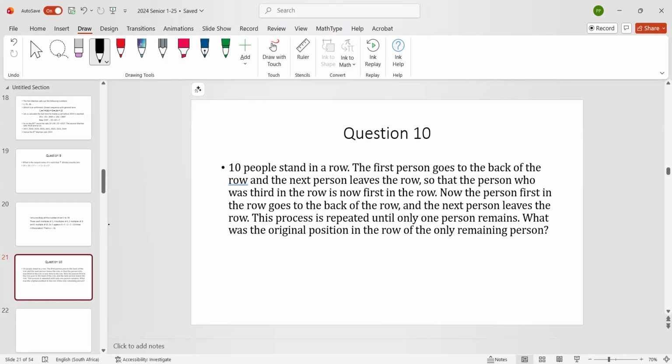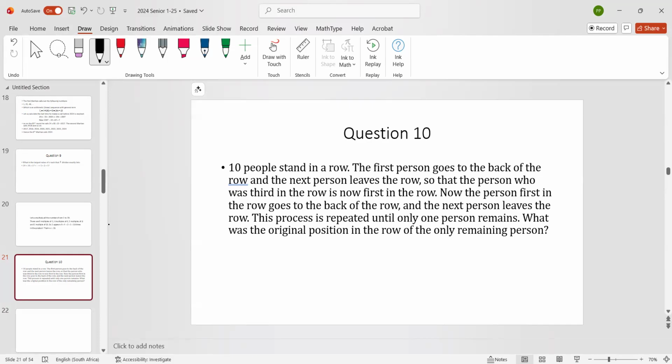Question 10. 10 people stand in a row. The first person goes to the back of the row, and the next person leaves the row, so he goes away, so that the person who was third in the row is now first in the row. So now the first person in the row goes to the back of the row, and the next person leaves the row.